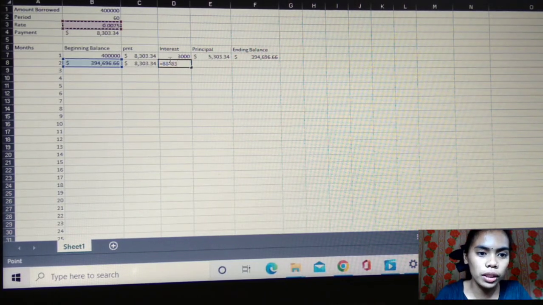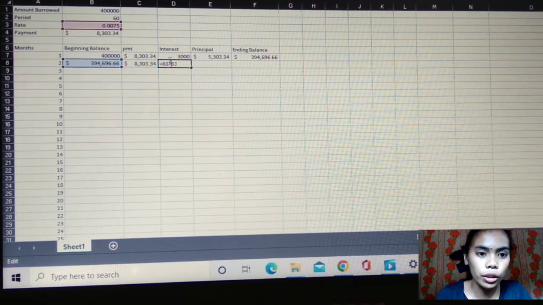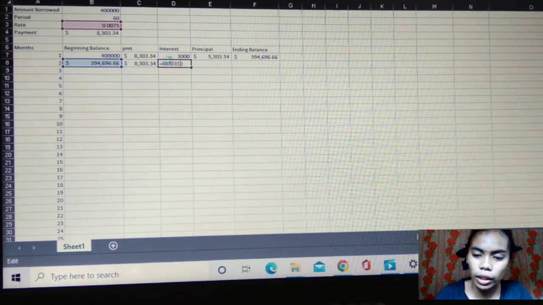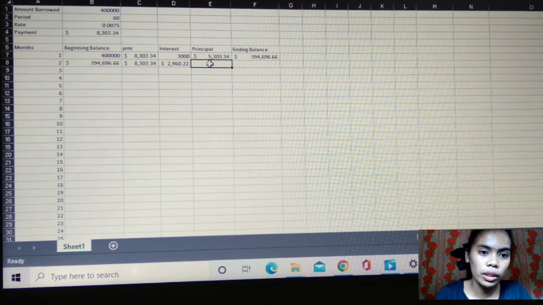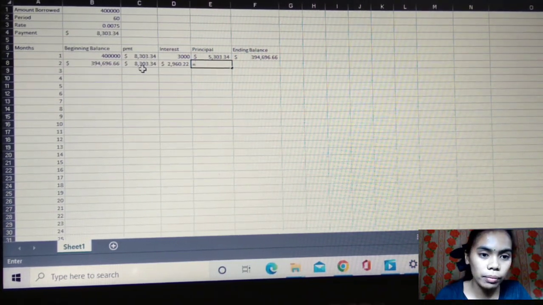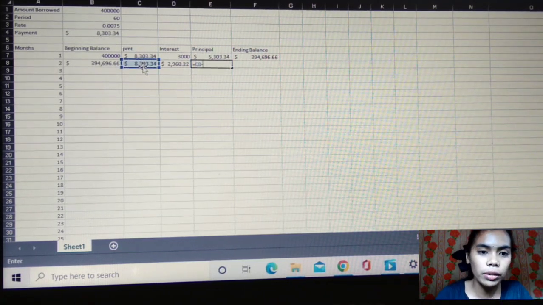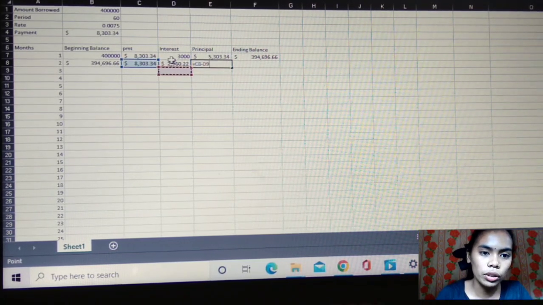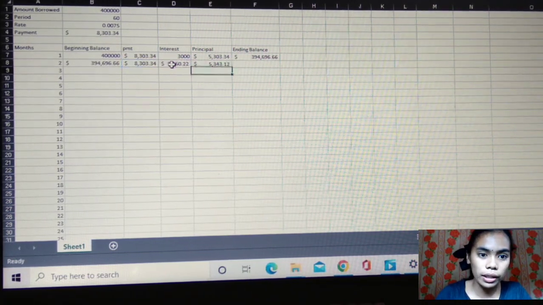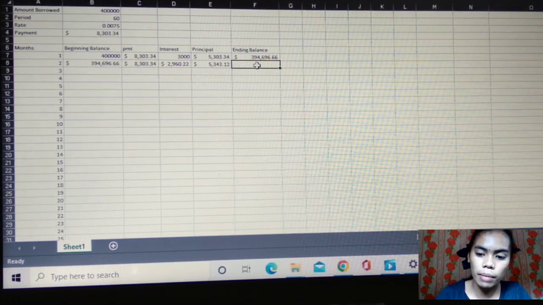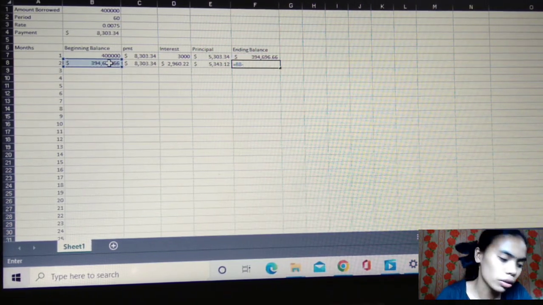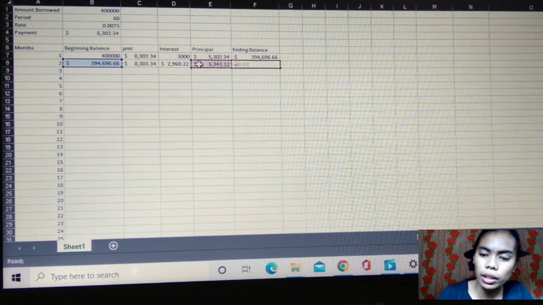Put a dollar sign before the B and after the B and enter. For our principal, it is the PMT minus the interest, so we should not forget an equal sign, and enter. For our ending balance, it is the beginning balance minus the principal, and voila.